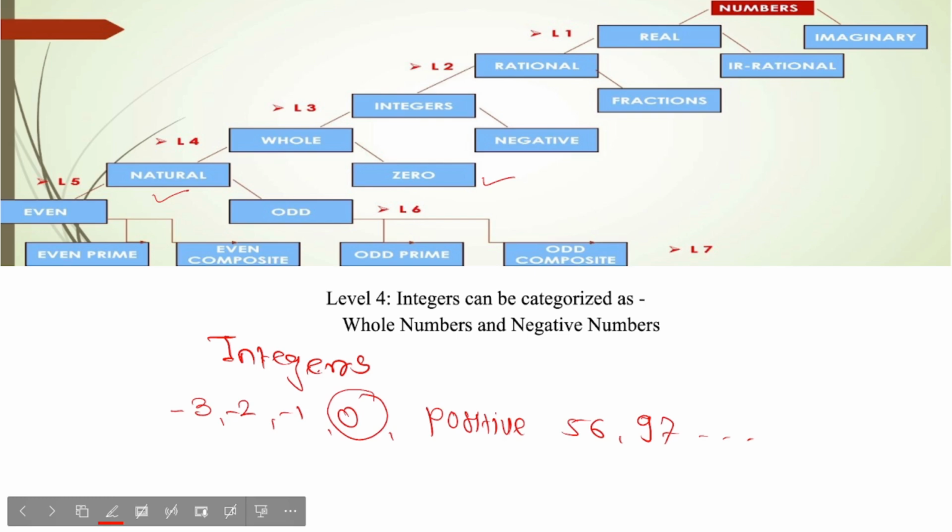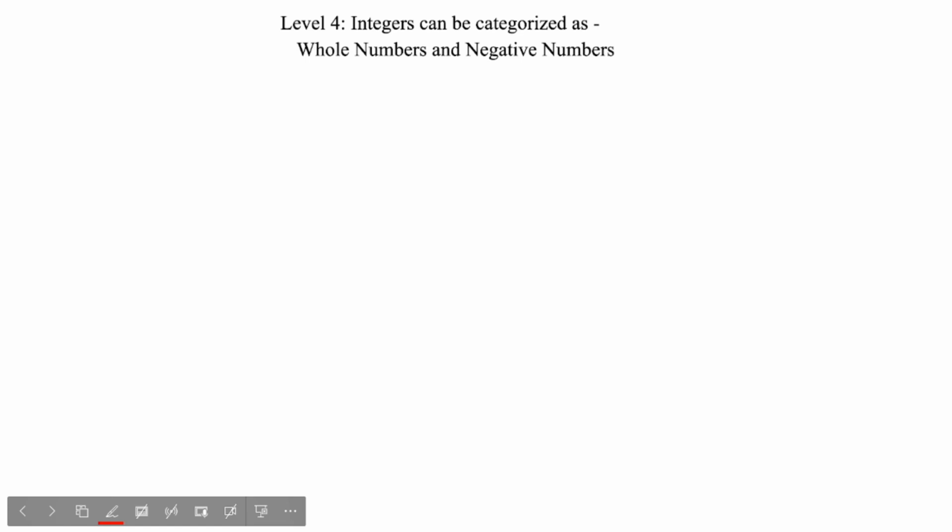I hope you understood. This section is whole because we need 0 as a separate part and natural numbers as a separate part, and negative numbers we are keeping separate. So we have the classification at level 4 as whole number and negative number, and that classification is very simple, friends.